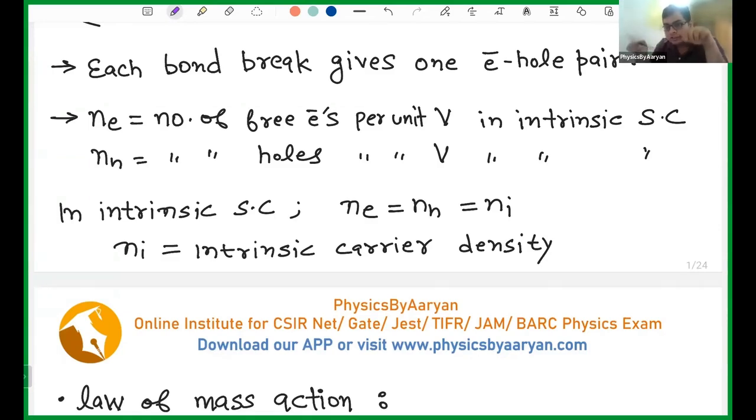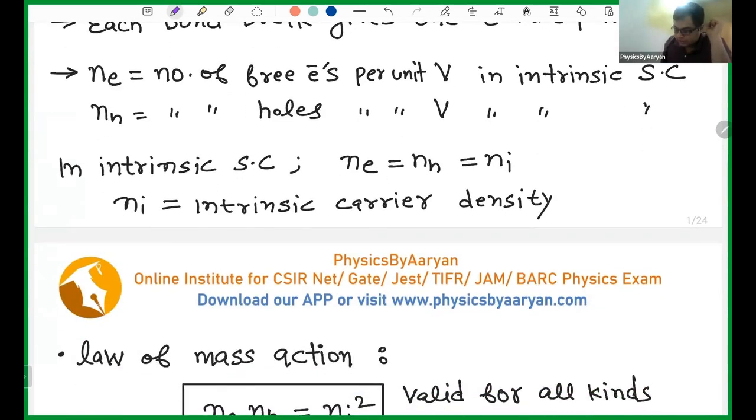So whenever a bond breaks, an equal number of electrons and holes are produced. So the charge carrier density of electrons and of holes is always the same, and if they are both the same, we call it Ni. What is Ni? Ni is known as the intrinsic carrier density. It basically means the number of electrons per unit volume or the number of holes per unit volume, because their numbers are the same. Okay.